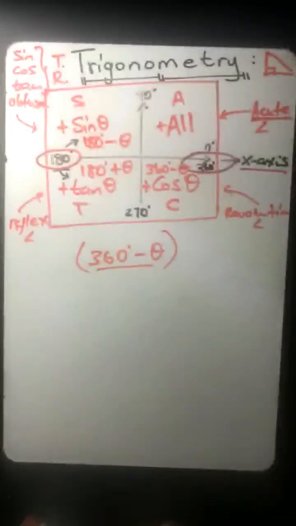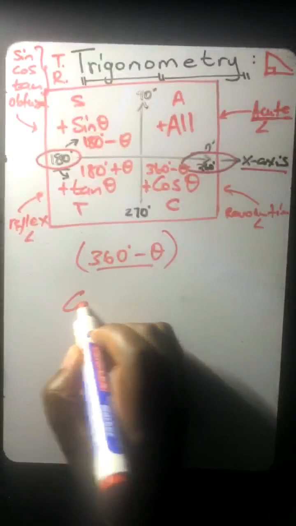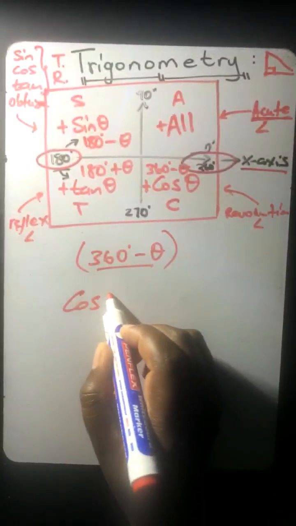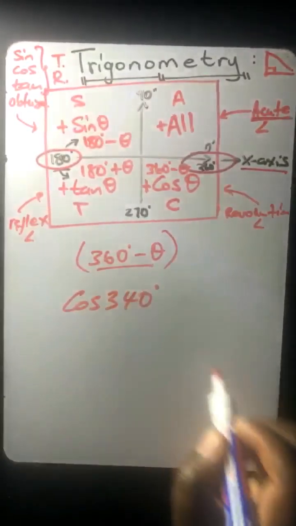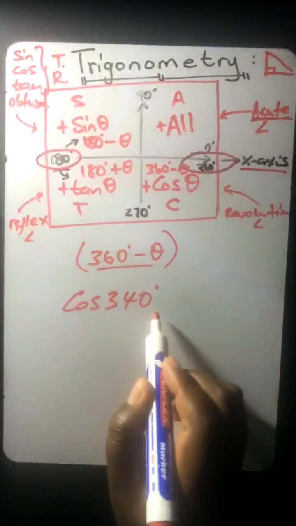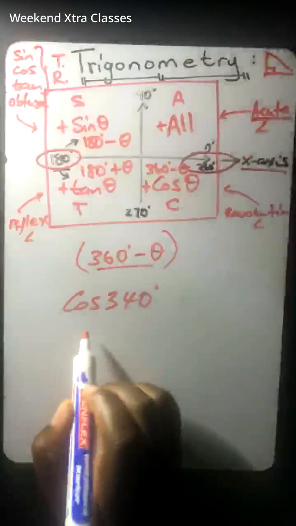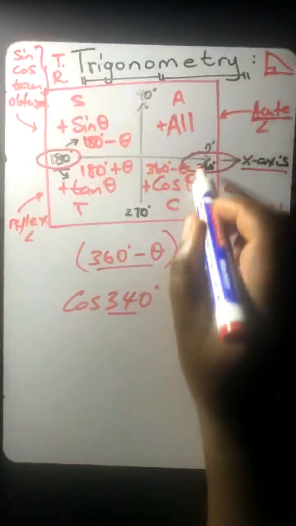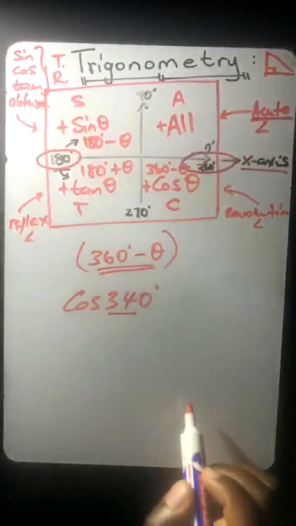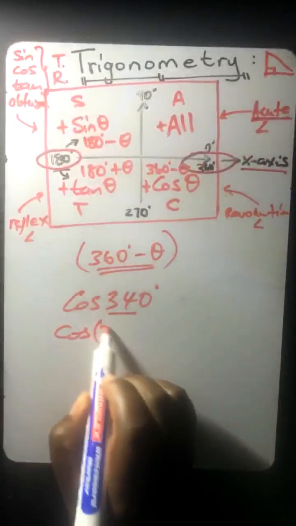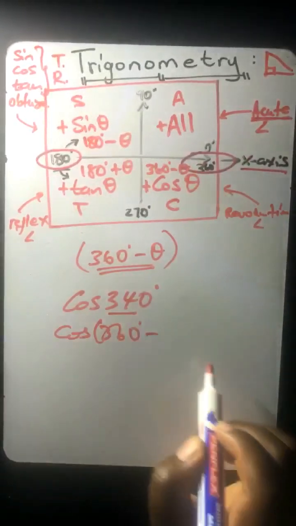Let's maybe try another one. So let's say cos of 340 degrees. Does this angle need to be reduced? Yes. Why? Because it's not an acute angle. So that means it falls in which quadrant? That one. So this is the reduction formula that we're going to use: cos of 360 degrees minus what?